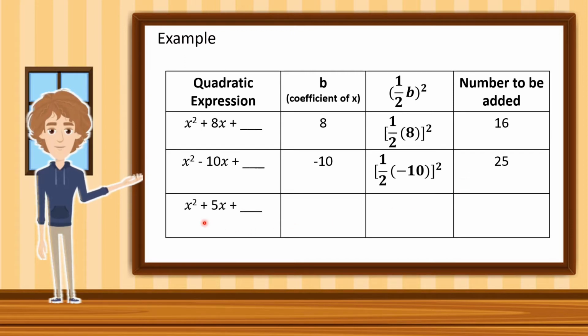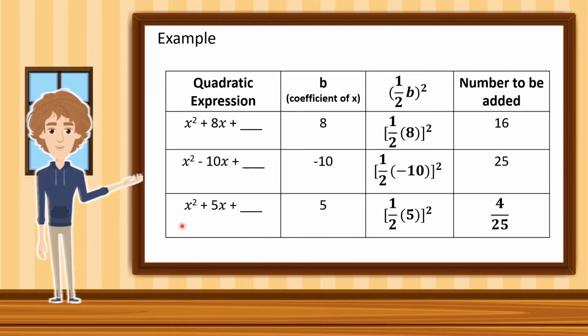How about this one? x squared plus 5x plus blank. Let us determine the coefficient of x. We will have 5. Then when we substitute 5 in this formula, we can come up to this. And when we solve this, the answer is 25/4.